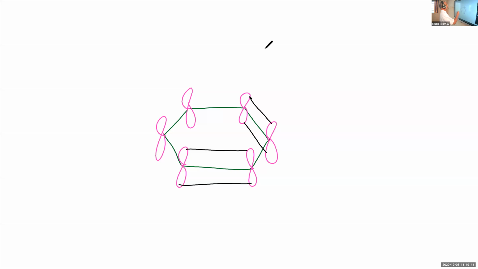And here also there will be the sideways overlap. These are the three pi bonds. But remember that the distance between the carbon atoms is the same. In benzene, the distance between any two carbon atoms is the same.